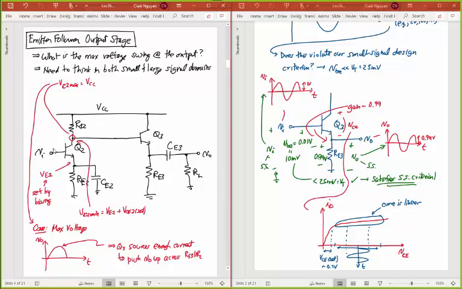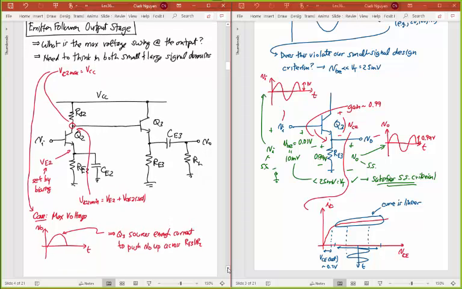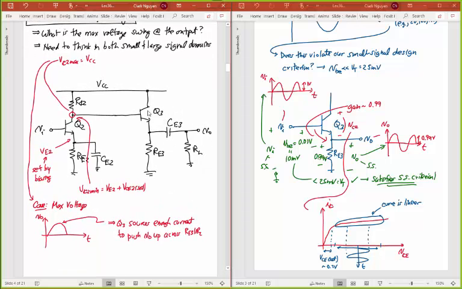In the end, that's the maximum voltage. Q3 has to source enough current, but it's got a lot of current it can source. It's taking its current directly from VCC. And that current, IE, is really going to be equal to the base current times beta there. And we should be able to get a lot of base current coming out of this as well. So in the end, what determines that maximum voltage there is really this Q2 stage and this VCC right there.